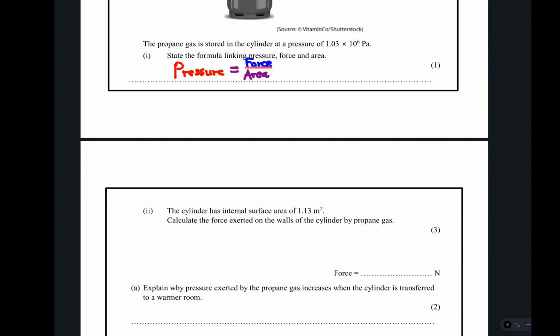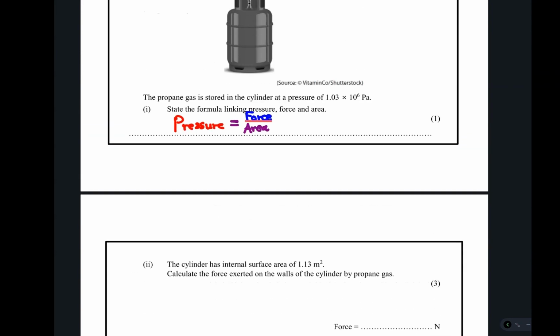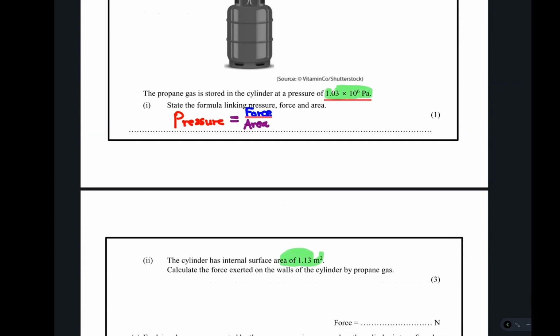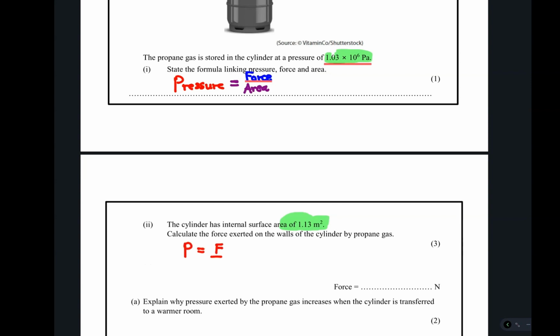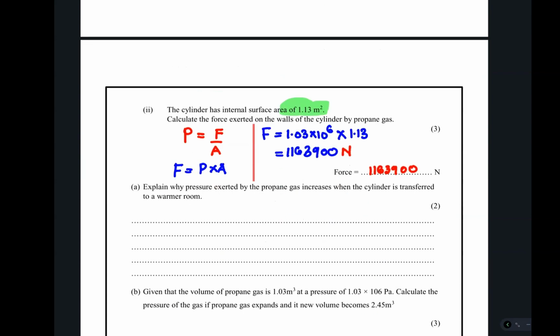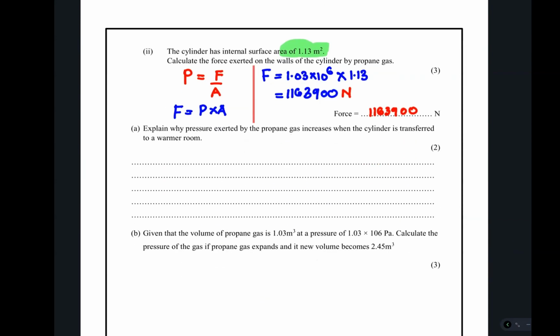So when you are given pressure and area, we can rearrange the initial formula that we wrote, so that force equals pressure times area. Now we can substitute the values, and our answer can be given as what? Yes, that's what you are expected to get.